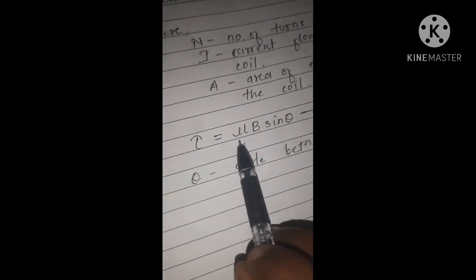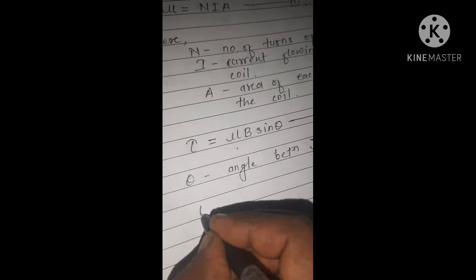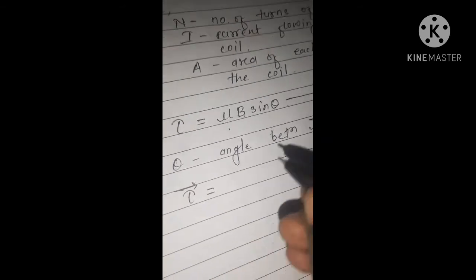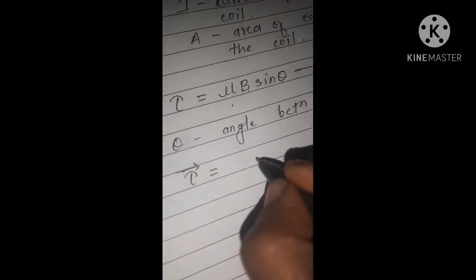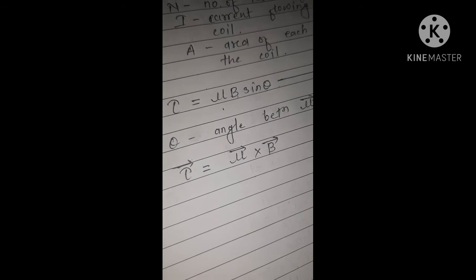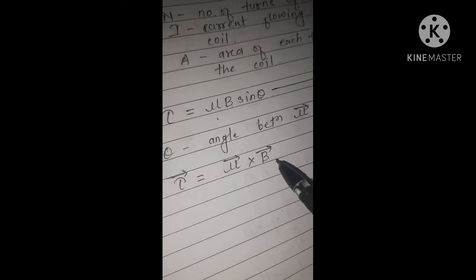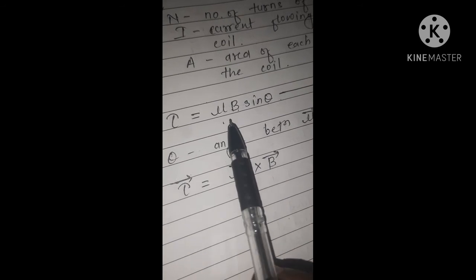Therefore, in vector form, this torque is given by vector tau is equal to vector mu cross vector B. We have seen in 11th standard vector product.